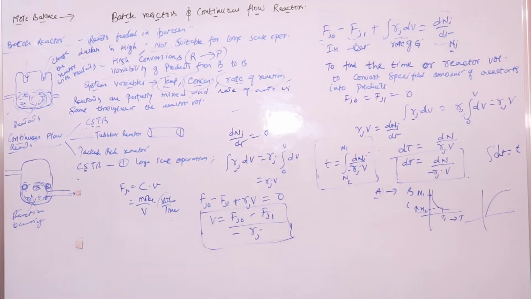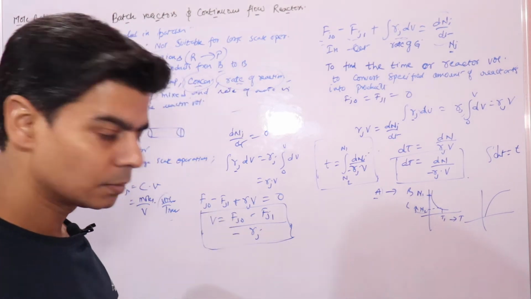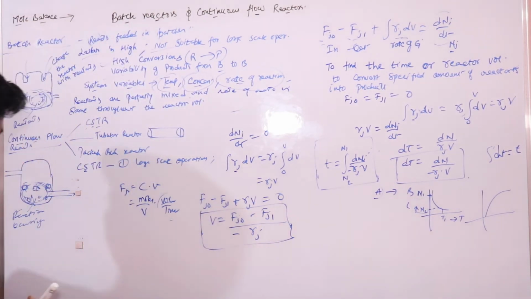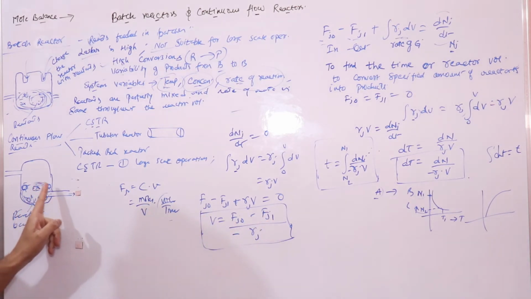So here Fj0 and Fj1: this is your molar flow rate going into the reactor, and this is your molar flow rate out of the reactor.